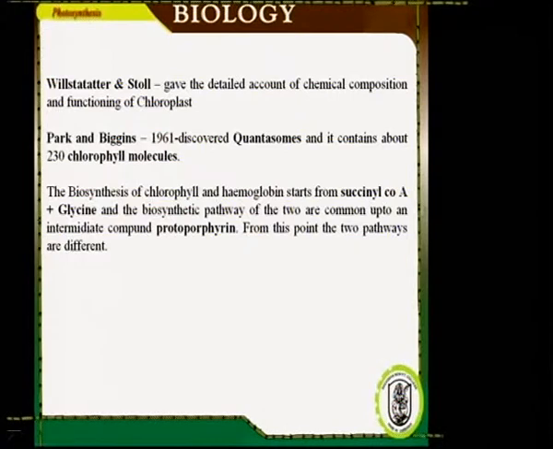From here the two pathways are different because, as you know, in hemoglobin you have iron, and in chlorophyll you have magnesium. The immediate precursor of chlorophyll is chlorophyllide.